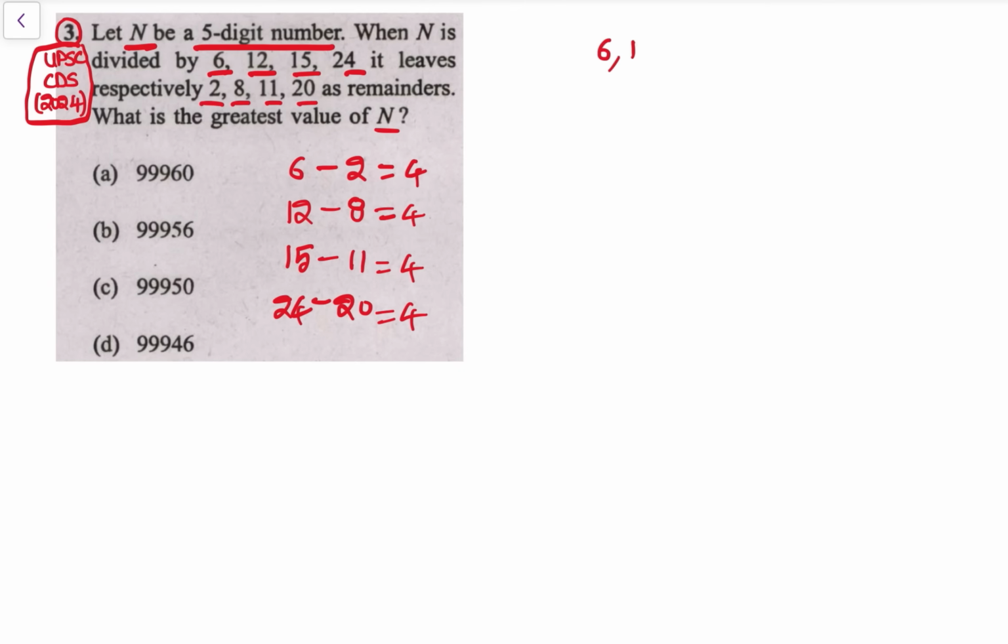So the LCM of 6, 12, 15, 24. Let's take, see, 3 twos are 6, 12, 15 and 3 eights are 24.